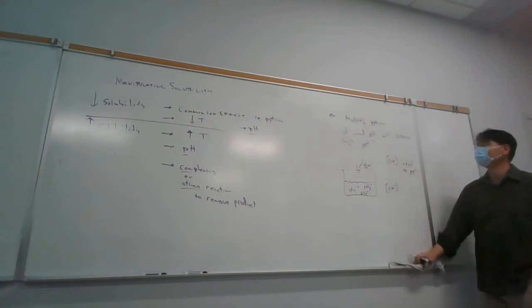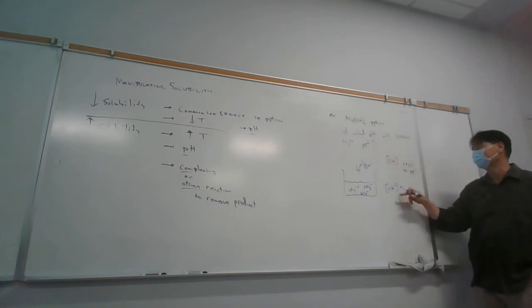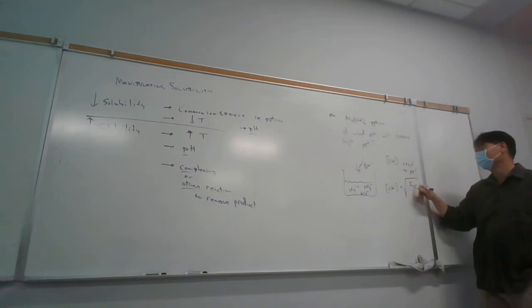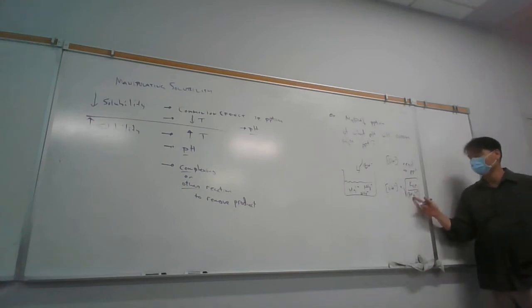So this splits up just like the previous one. The hydroxide is going to equal the square root of the KSP divided by the magnesium concentration. But this is enough to saturate it because then we'll get Q equal to KSP. We have to supersaturate it, so it's going to be greater than this. So this is the limit here.